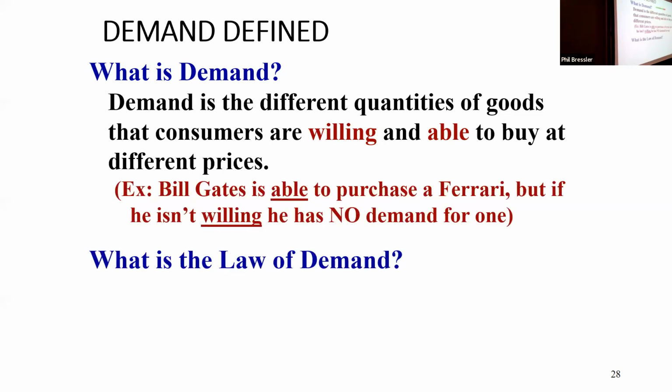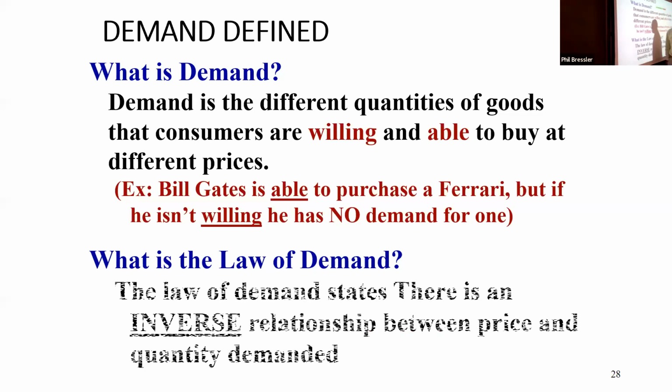Now, here they do ask. I don't say they ask you for the definition of demand a lot. They definitely ask about the law of demand. And the law of demand is just an inverse relationship between price and quantity. Now, they might not ask it like that. They might have the price of corn goes up, quantity demanded goes down.